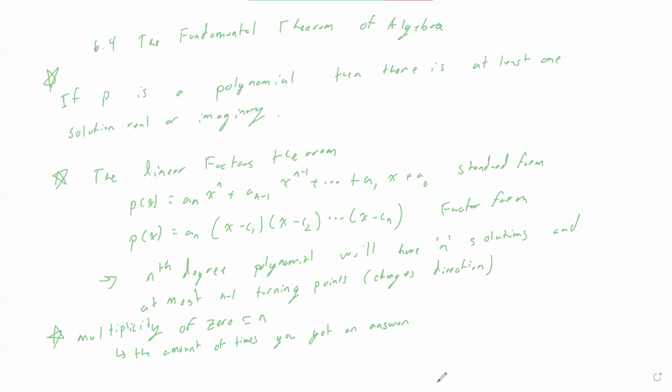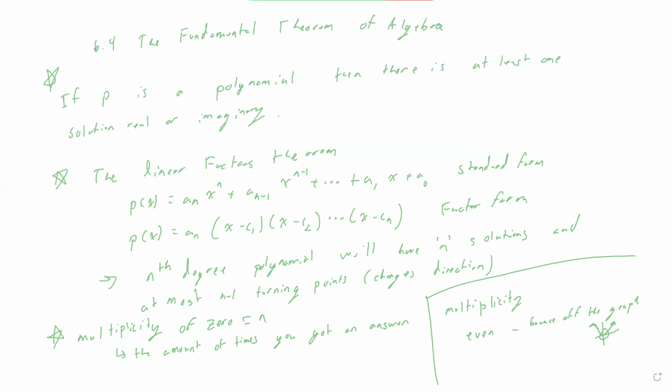Now, the reason we talk about multiplicity is because if the multiplicity is even, it'll touch the graph, or a better way to say it, bounce off the graph. So it looks kind of like this. You'll have an x-intercept, but it'll bounce and come back up. That would mean that this had an even multiplicity.